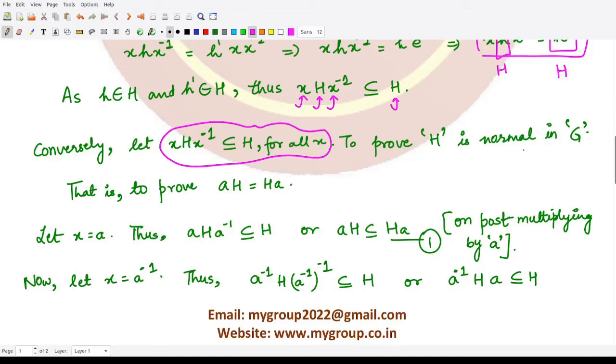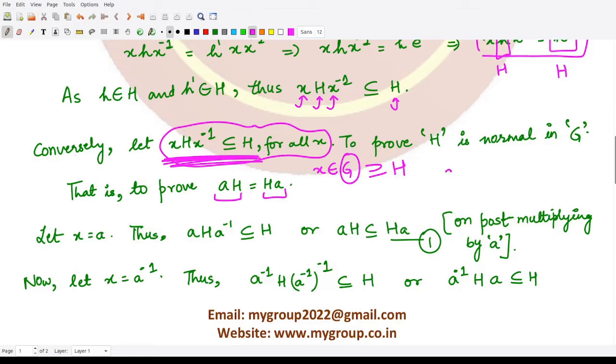For proving H to be a normal subgroup in G, we need to prove that the left coset is equal to the right coset. For that, because we are taking this x from the given group G, G contains all those elements which are also present in H, because H is a subgroup of G.